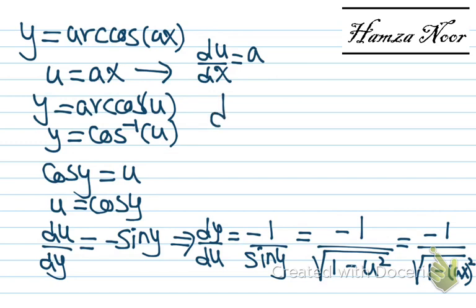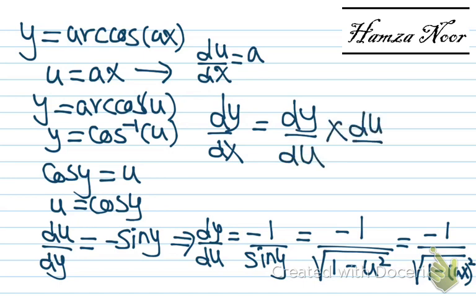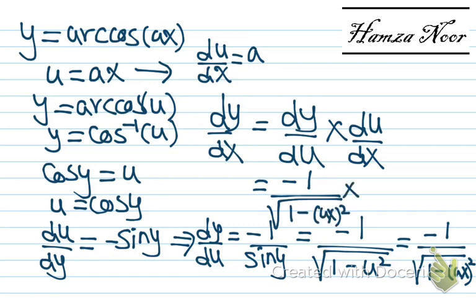According to the chain rule, dy over dx will be equal to dy over du multiplied by du over dx. So du and du cancel out, and eventually your final outcome will be equal to dy over dx. So what is dy over du? Minus 1 upon under root of 1 minus ax, the whole thing squared, multiplied by du over dx, a.